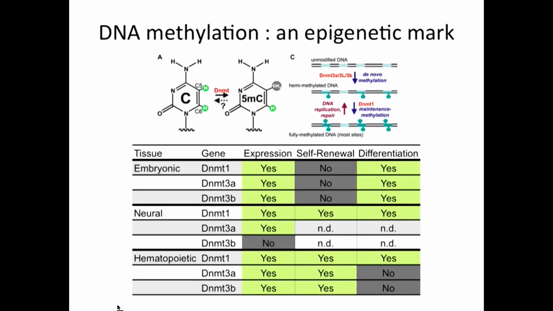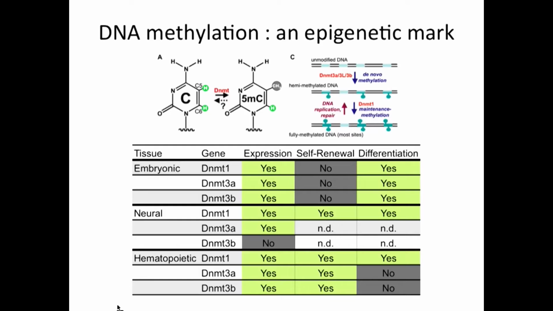And then you have the de novo methyltransferases, which act primarily on naked DNA and are responsible for providing methyl marks to cytosines, and usually they operate during development.